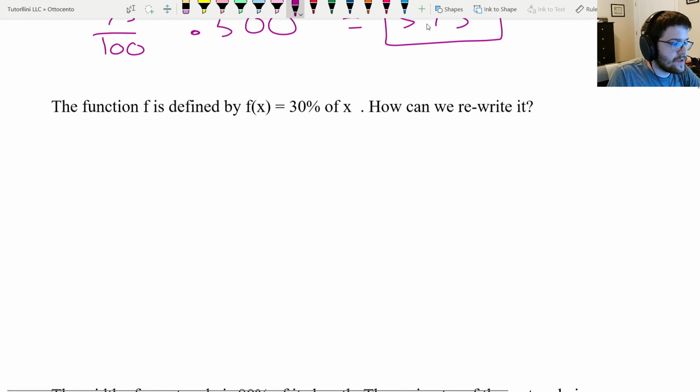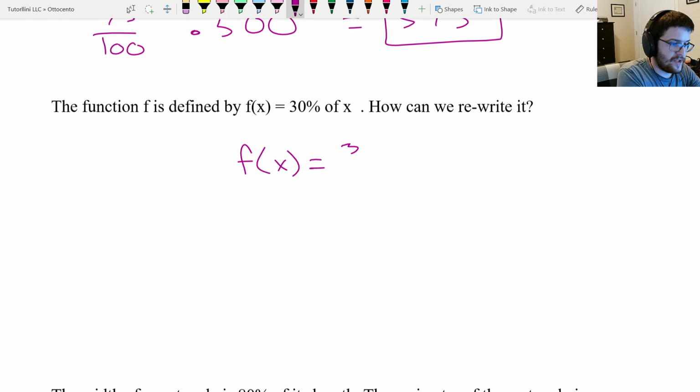All right, next one. This is kind of what I was talking about, where you might get problems where this one you could just type in Desmos, but you're going to want to practice being able to do this with symbols for the test. So f of x is 30% of x.